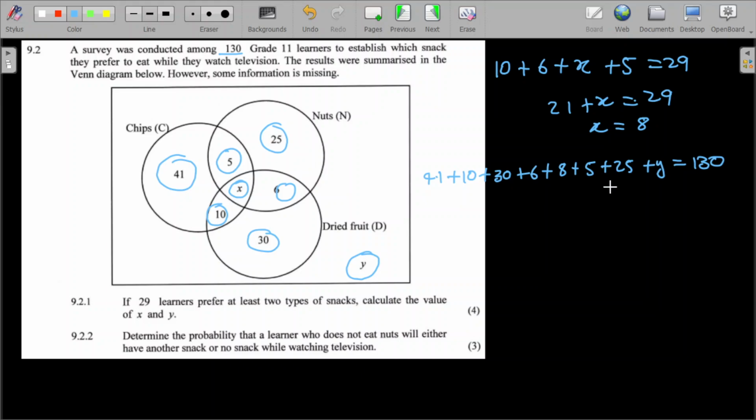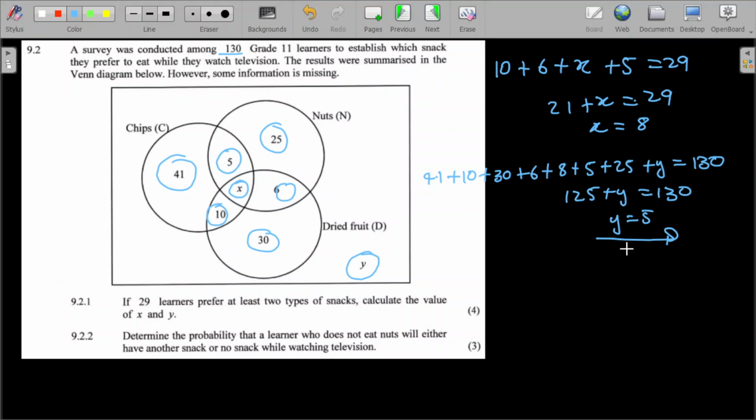Now adding all these numbers is going to give me 125 plus Y is equal to 130, and then Y on the other side is going to be 130 minus 125, which is going to give me 5. So that is the value of Y.